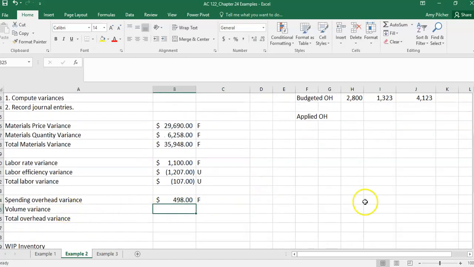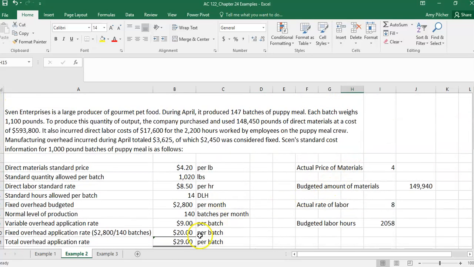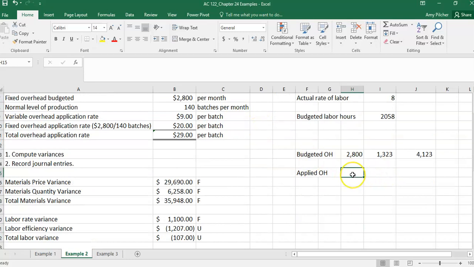Next is our volume variance. So our applied overhead rate is $29 per batch. We apply overhead at the rate of $29 per batch, and we made 147 batches. So 29 times 147 gives us applied overhead of $4,263.